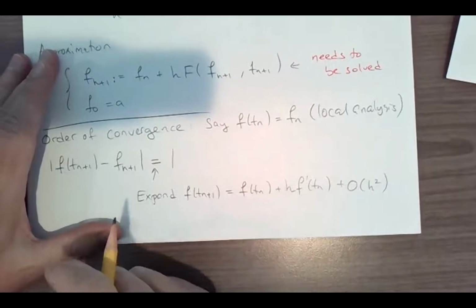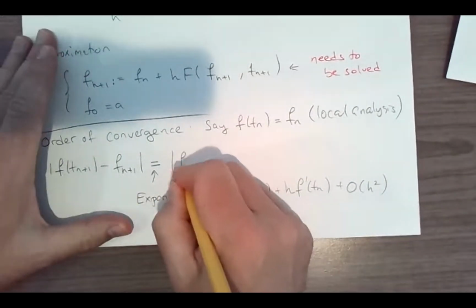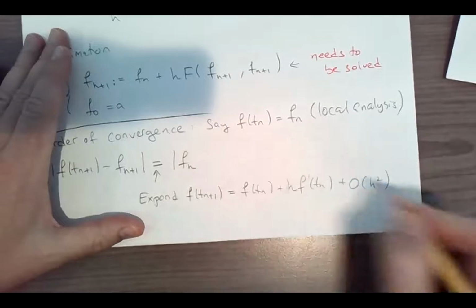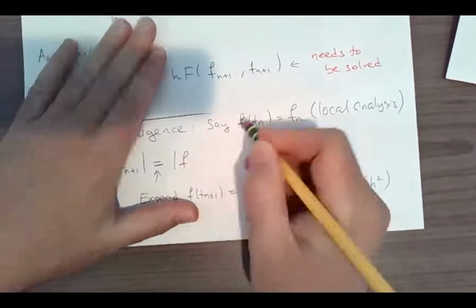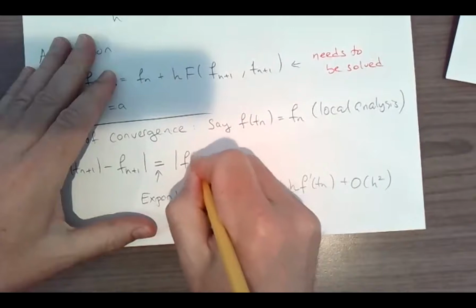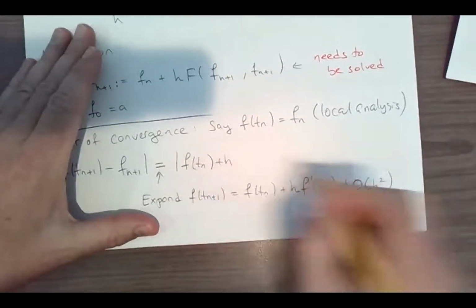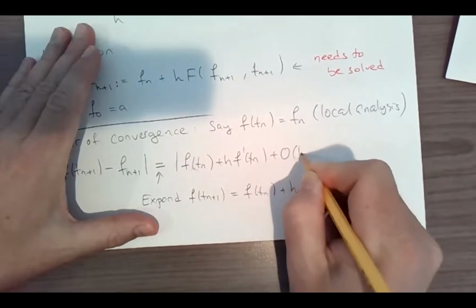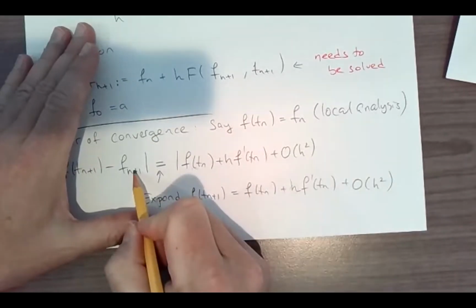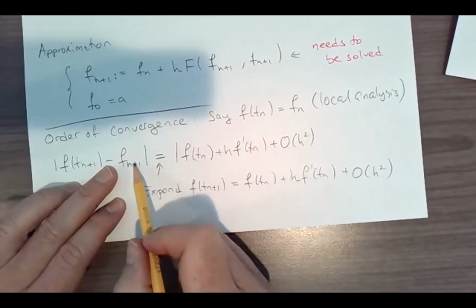We're going to get the absolute value of f of Tn plus h f prime at Tn plus the error term, minus the approximation.